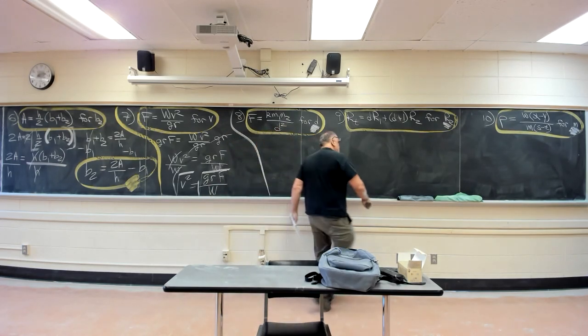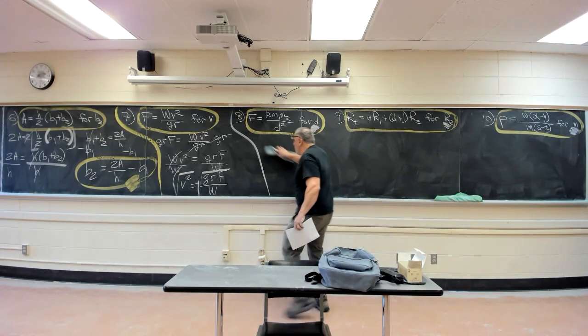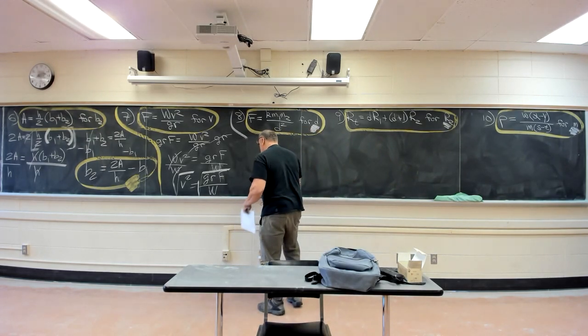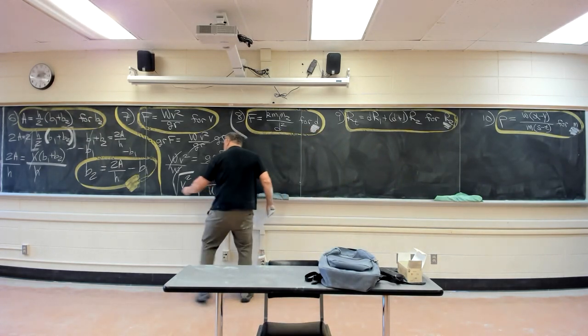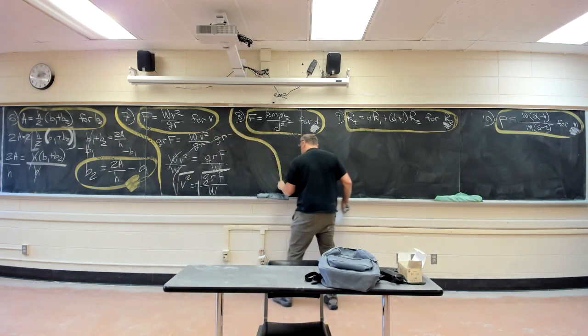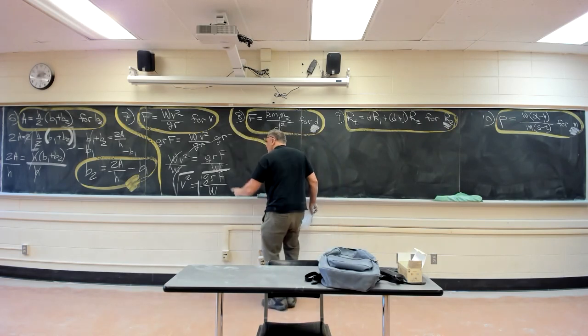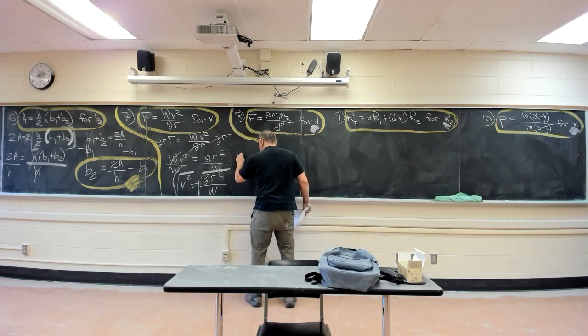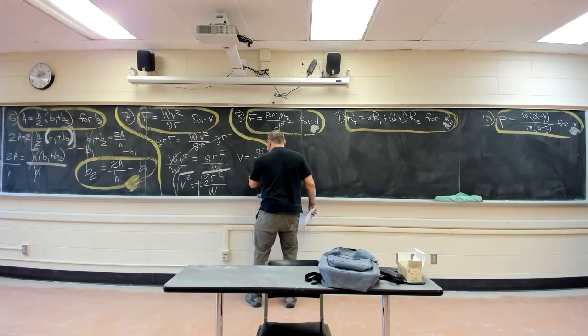So let's see how that plays out, you guys. The square root of v squared is v. The square root of this is whatever it is that it's going to be.